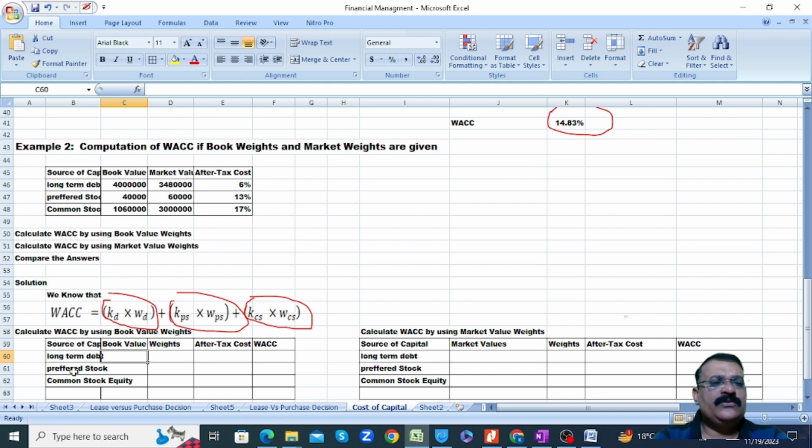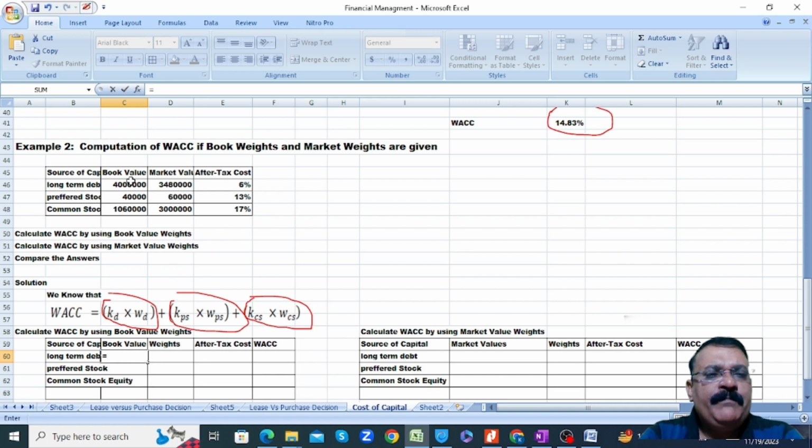We have a table: source of capital, book value weights, after tax cost and weighted average cost of capital. Okay, book values are equal to, we will place here the same values which have been given in our book value table, क्योंकि हम पहला पोर्शन सॉल्व कर रहे हैं.